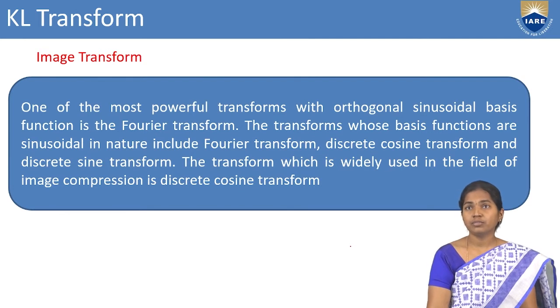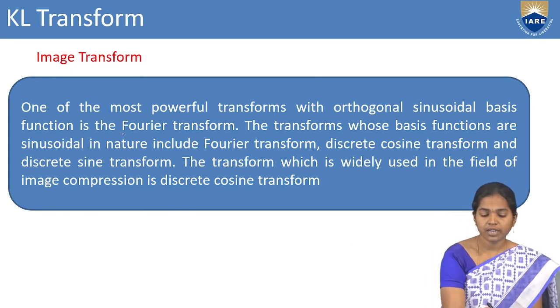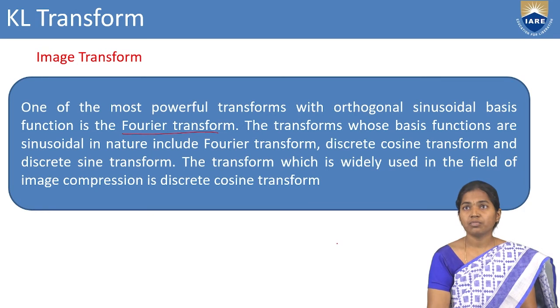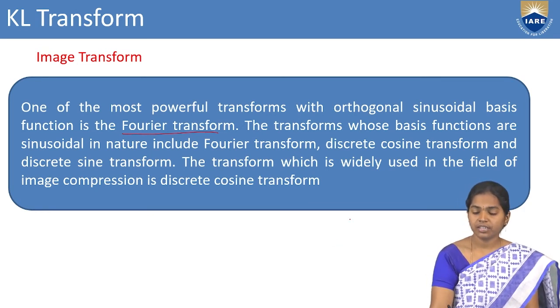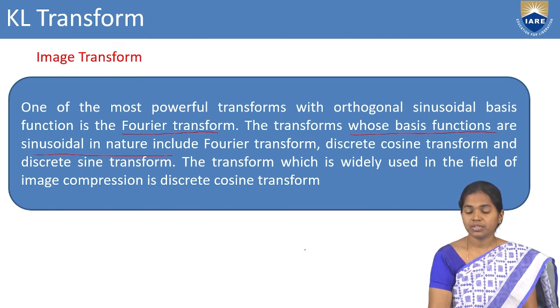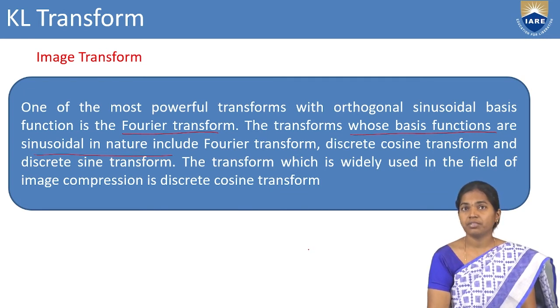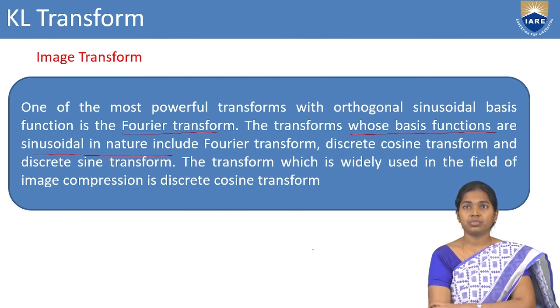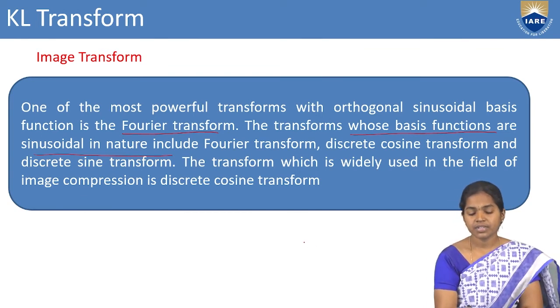One of the most powerful transforms in the orthogonal sinusoidal basis function family is the Fourier transform. The transforms whose basis functions are sinusoidal in nature include the Fourier transform, discrete cosine transform, and discrete sine transform. The transform widely used in the field of image compression is the discrete cosine transform.